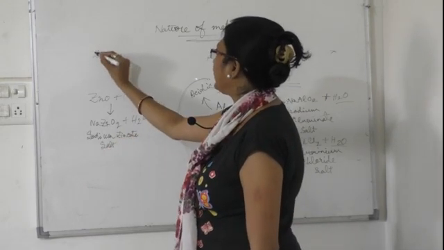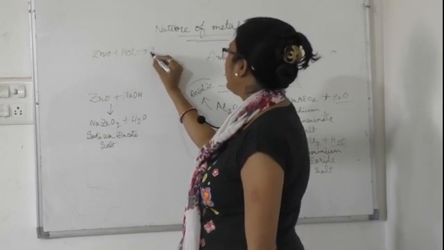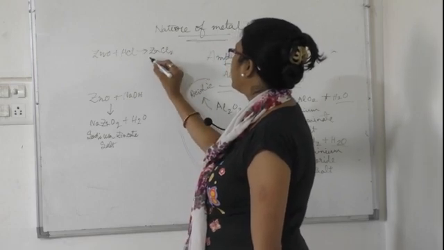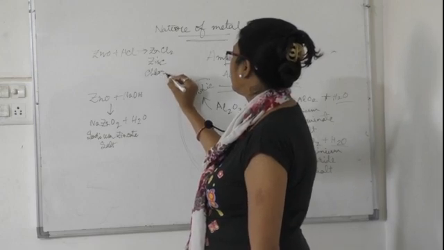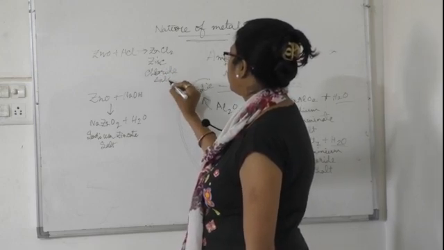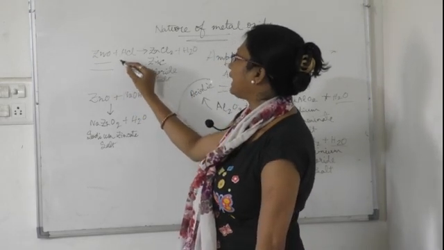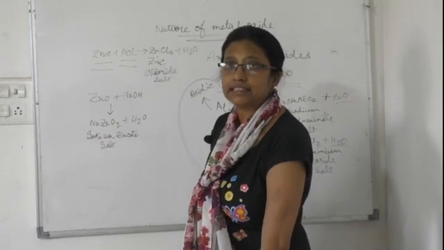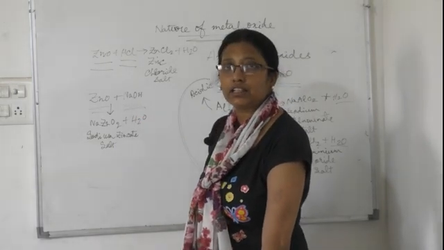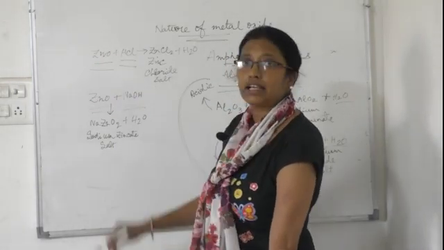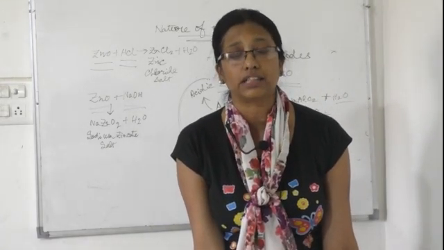And if you react zinc oxide with HCl, then you get ZnCl2, that is zinc chloride, also a salt, and H2O. So when zinc oxide reacts with acid, it shows basic nature. When it reacts with base, it shows acidic nature. So again, it shows both natures. That is why zinc oxide and aluminium oxide are amphoteric oxides.